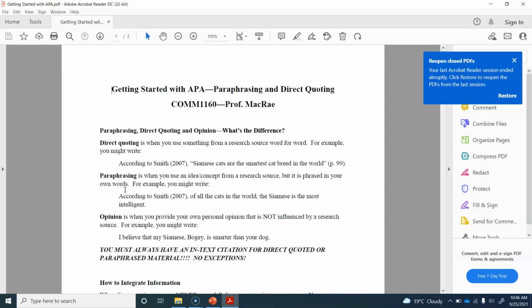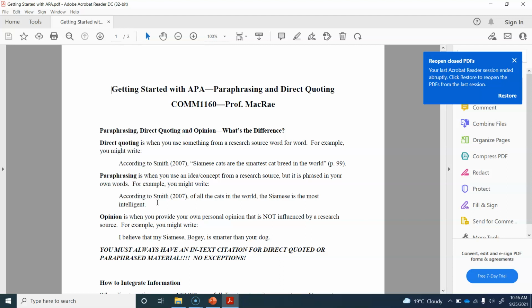So if we use the same example, if I read Siamese cats are the smartest cat breed in the world, and in an assignment or an essay, I wanted to express that same idea, I might paraphrase it, saying something like, of all the cats in the world, the Siamese is the most intelligent. So I'm using the exact same idea, expressing myself in my own way, but the original information came from a research source.